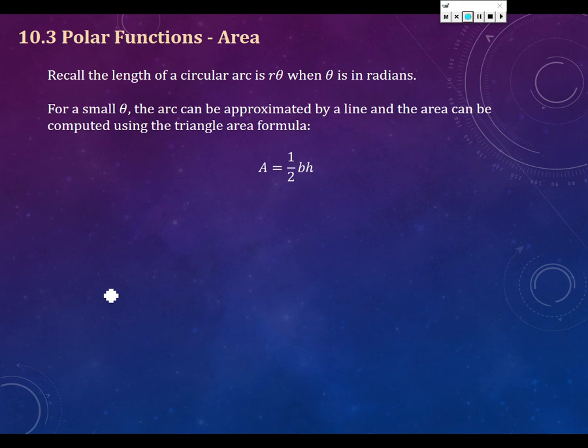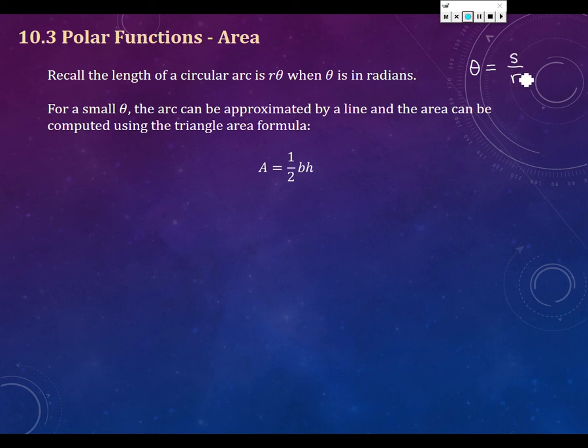So recall with me from your prior math experience that the arc length is r theta. Is this something you remember? In fact, it's somewhat definitional. If theta is measured in radians, the definition of the radian measure of an angle is the arc length divided by the radius.